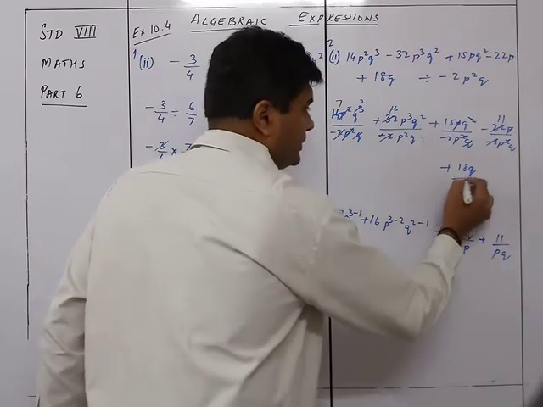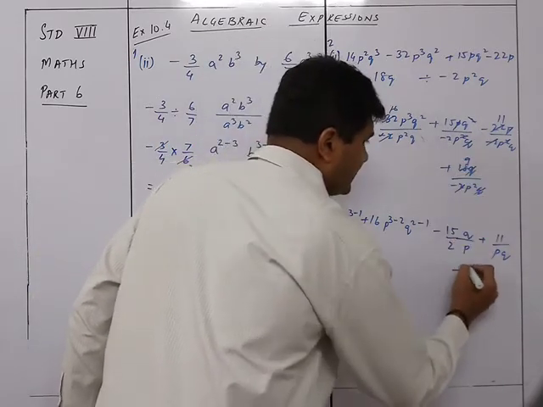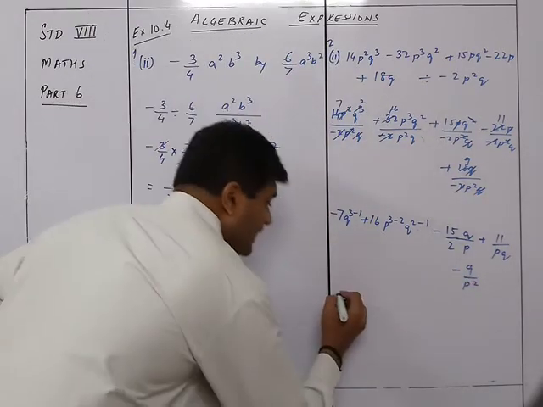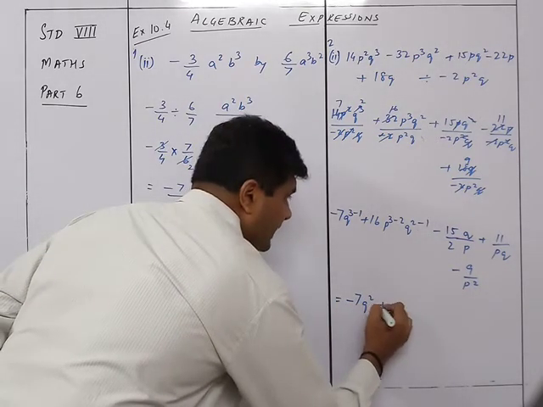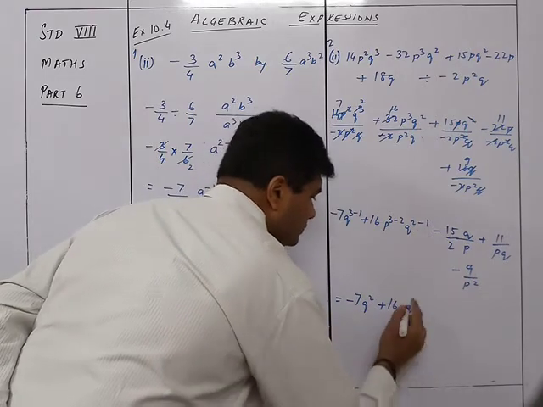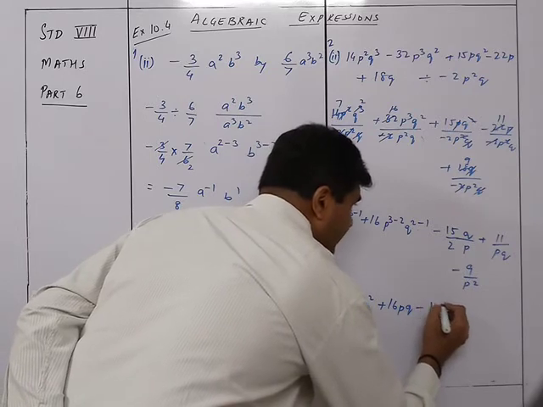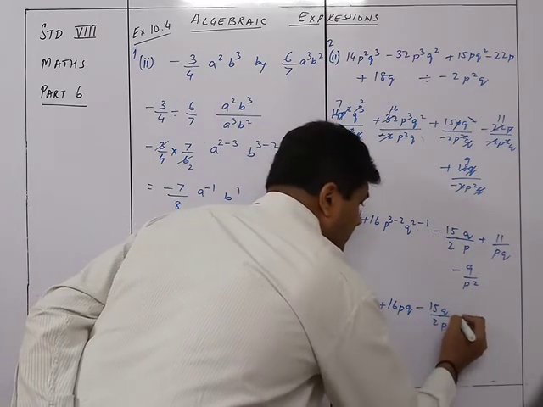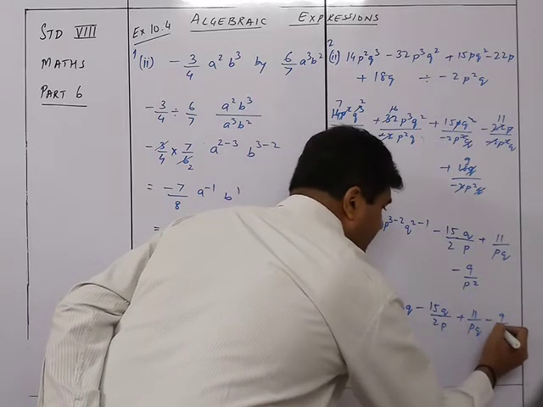Then this cancels with 9, and q cancels with q, so minus 9 upon qp square. So the final answer is minus 7q square plus 16pq minus 15 upon 2 q upon p plus 11 upon pq minus 9 upon p square.